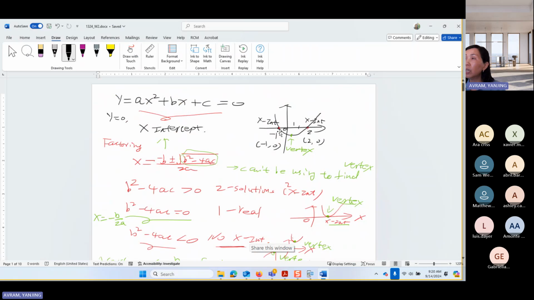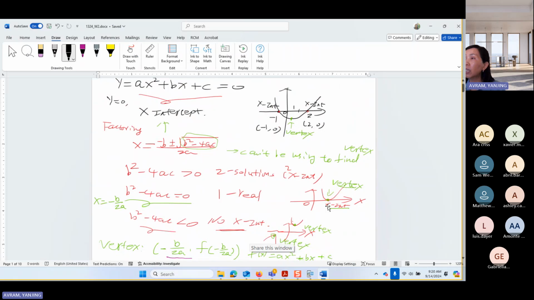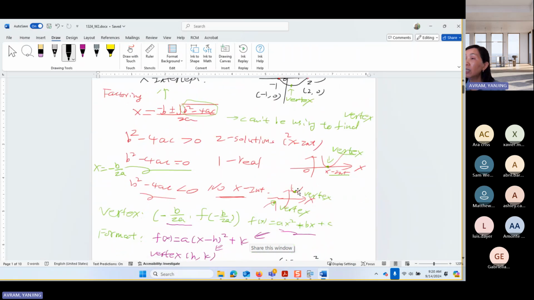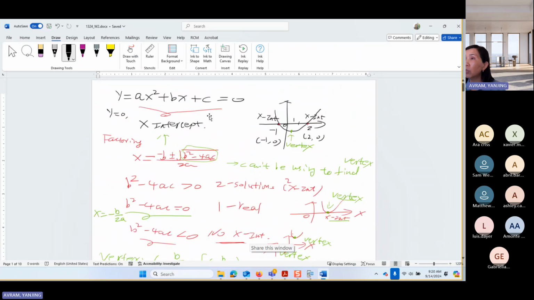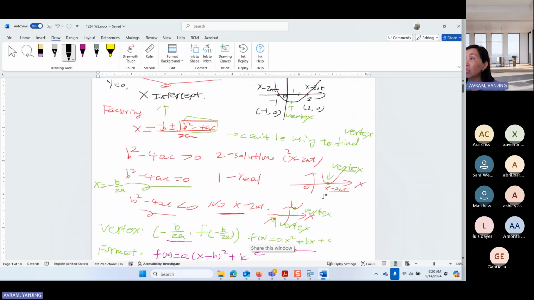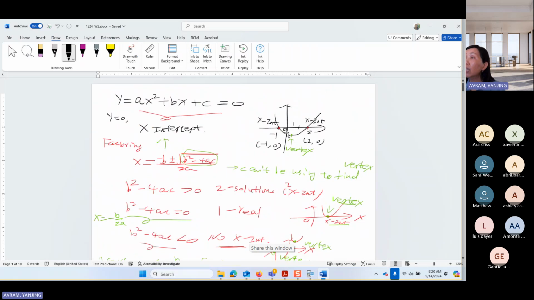The most x-intercepts I have here will be 2. I can have 2 x-intercepts, or in this case only 1 x-intercept, or in this case 0 x-intercepts. So for this quadratic, I can have 0, 1, or 2. 2 is the most.